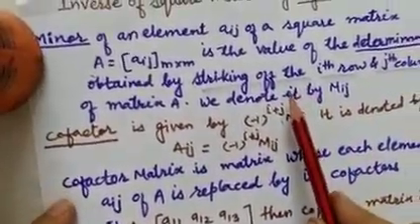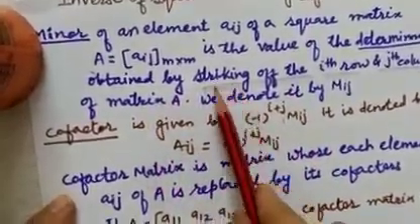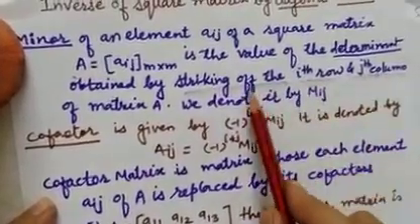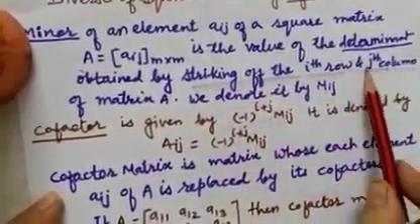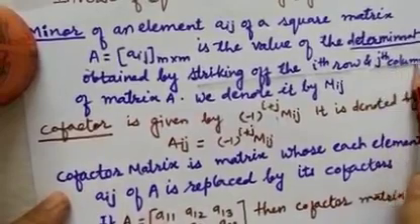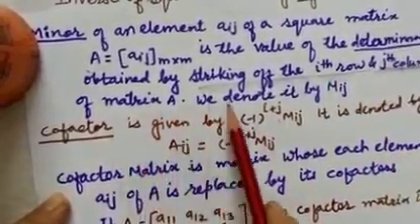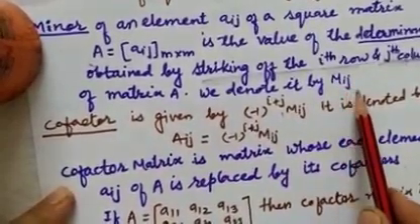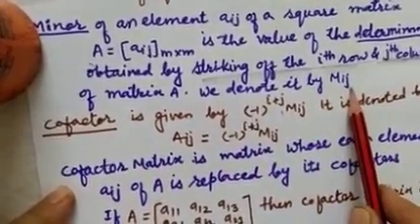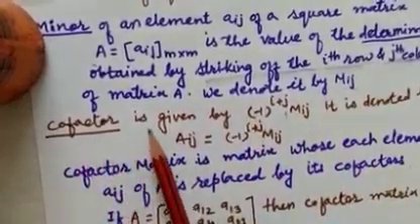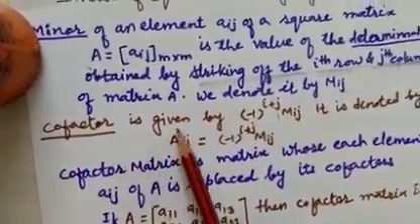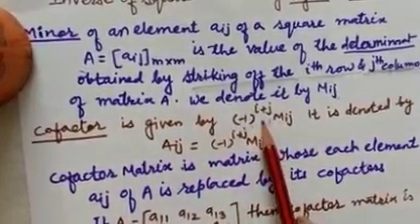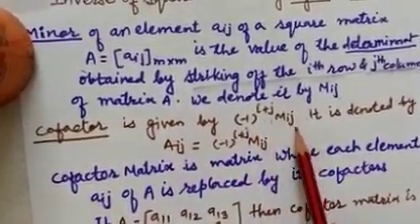The elements of the determinant are obtained by striking off the ith row and jth column. Remember this word striking off; it plays an important role while solving the problem. The minor of matrix A is denoted by capital M ij, for the ith row and jth column. Now cofactor. What is cofactor? Cofactor is given by minus 1 raised to i plus j into Mij.